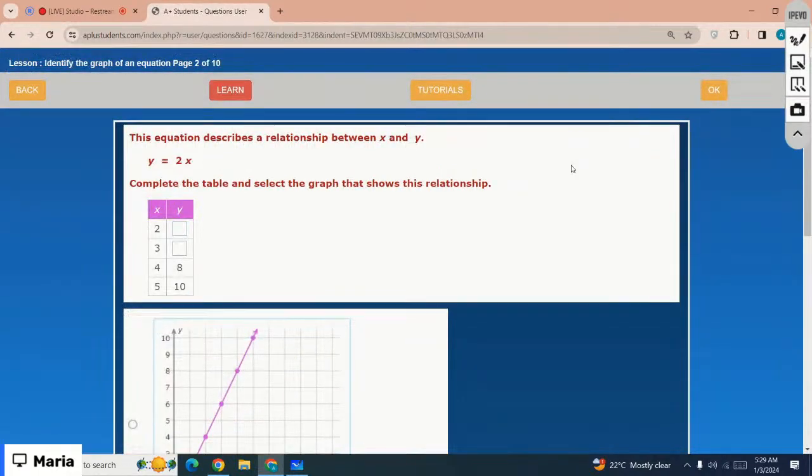Okay, y equals 2x. Complete the table and select the graph that shows the relationship. How can we complete the table?